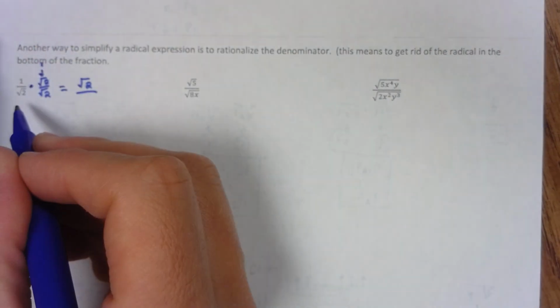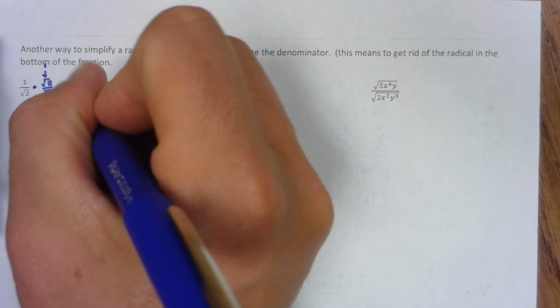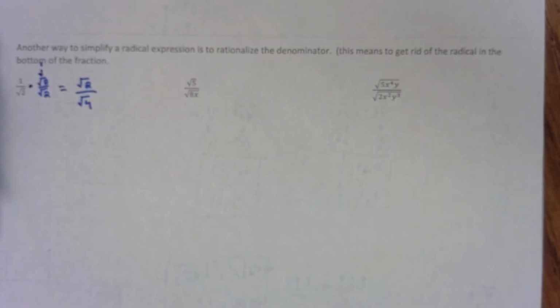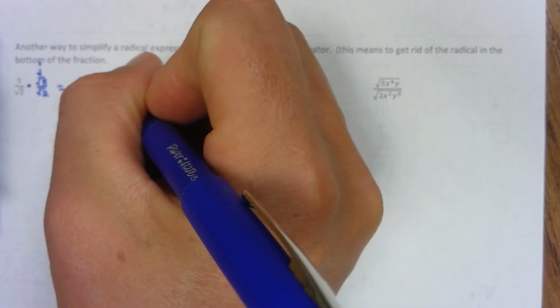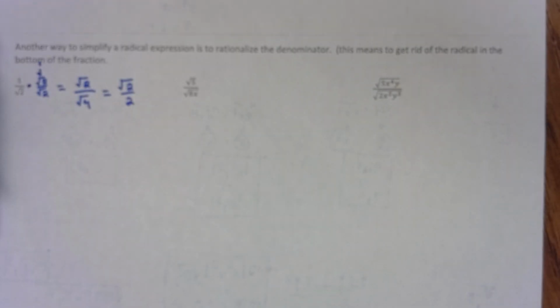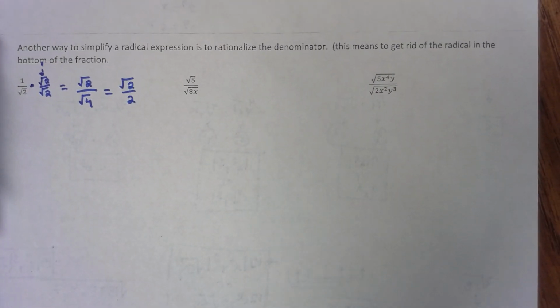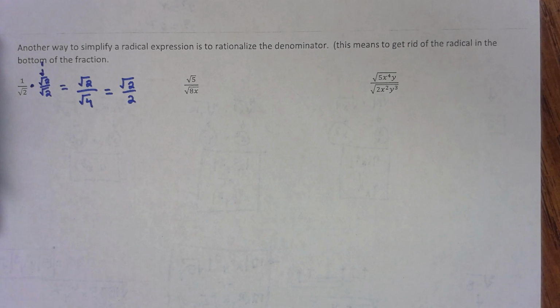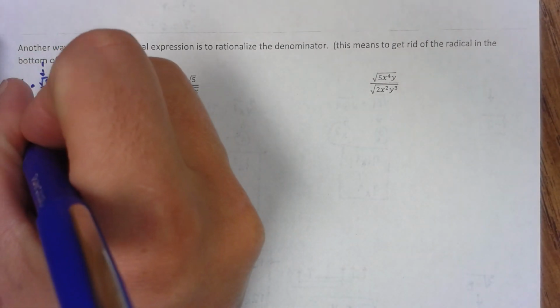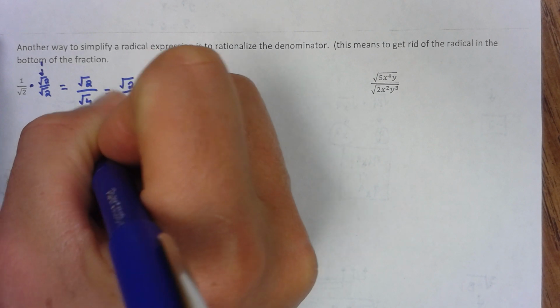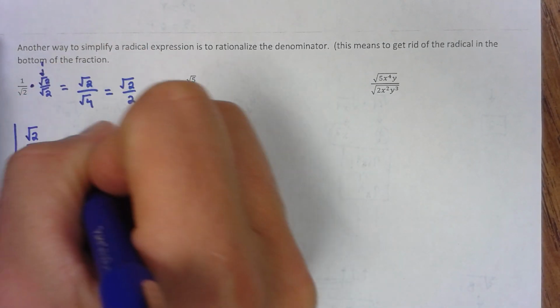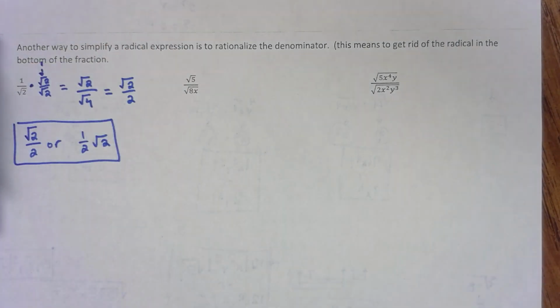In the denominator, root 2 times root 2 is root 4, which simplifies really nicely because the square root of 4 is 2. So 1 over the square root of 2 simplifies to the square root of 2 divided by 2. Another way you can write this is 1/2 times root 2. Those mean the exact same thing.